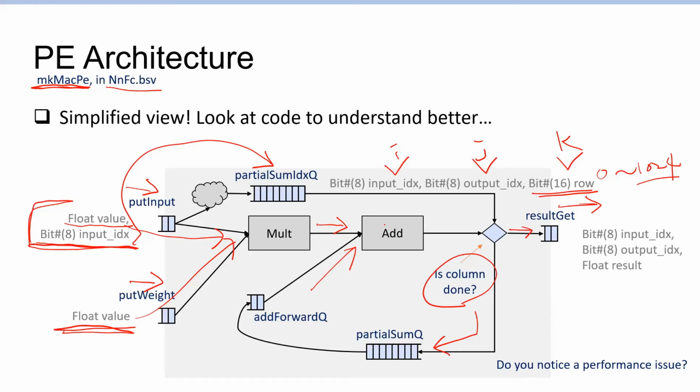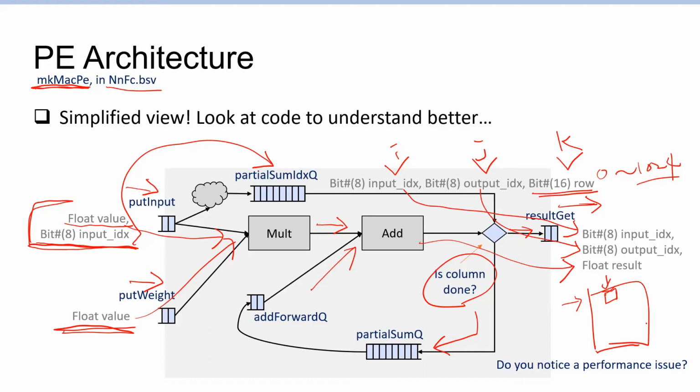And the output will take the input index, the output index, and also the added result, so that when this gets relayed to the software, it can just be written to input index by output index and some value. The software side of things is very simple.